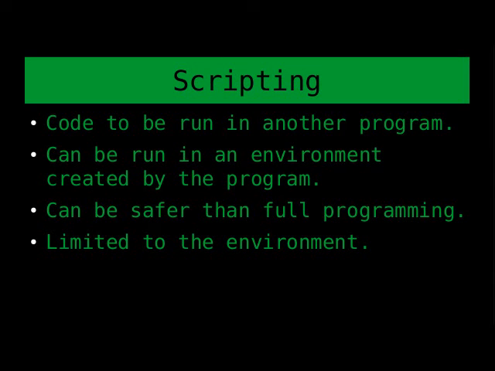A lot of times the program that is running that script imports the script, but it also creates objects and constraints on that script as well, which is what makes it a little bit safer than full programming. It can have some extra controls or leashes on what you're doing, but that's also a limitation to you and what you can create with scripting.